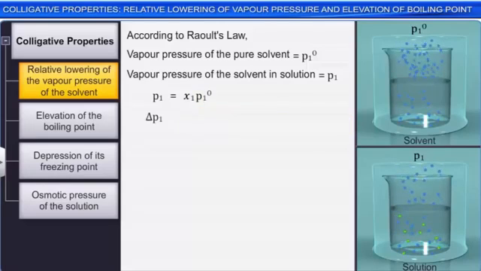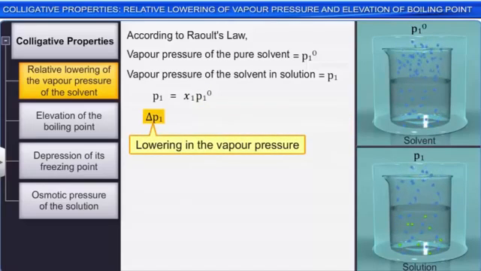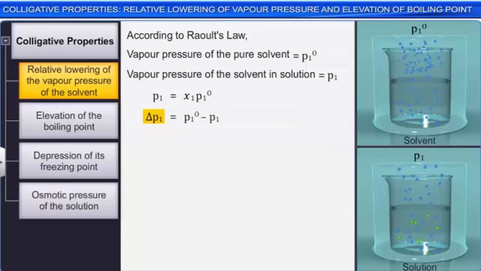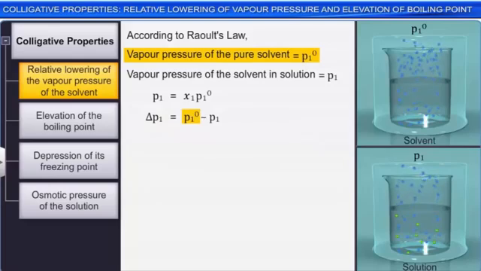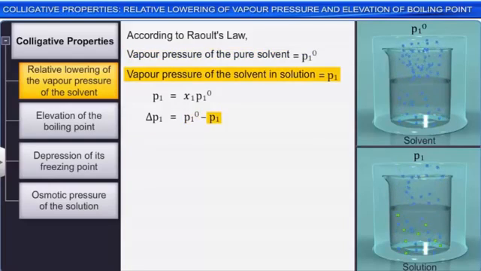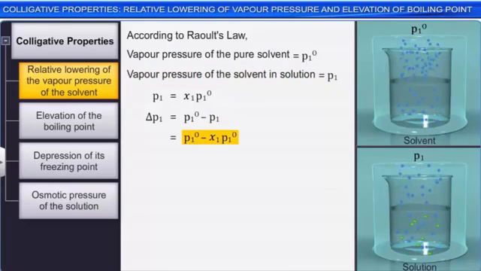The lowering in the vapor pressure of the solvent, ΔP1, is equal to the vapor pressure of the pure solvent, P1°, minus the vapor pressure of the solution, P1, or P1° − X1 × P1°.